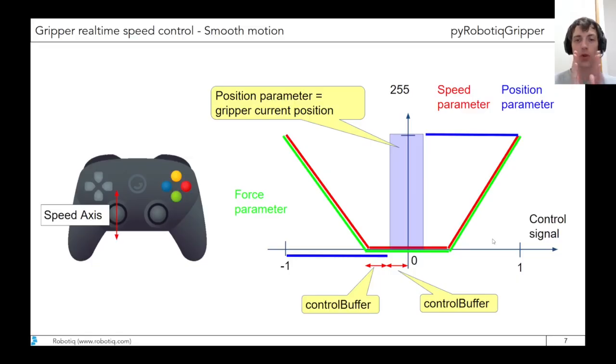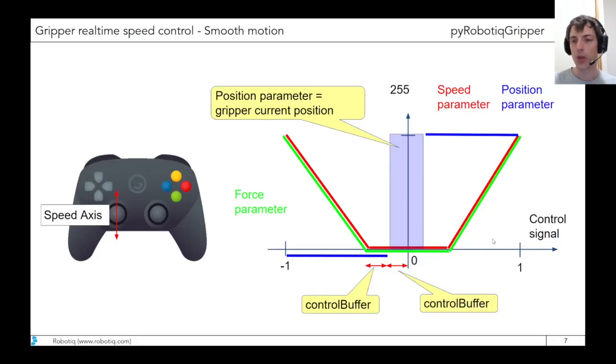So around 0 with the distance equal to the control buffer, if the signal is positioned there, the gripper is requested to stay at its current position. The position parameter of the gripper is the actual position, so the gripper stays at its current location.